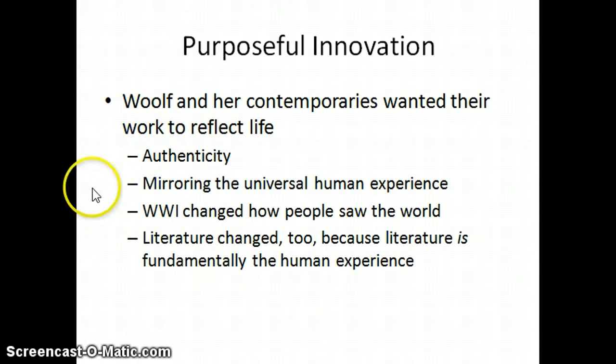They wanted to mirror the universal human experience. Previously, characters and books had been written for the upper classes, or they had been made for tragedy. We talk about how you have to be of noble blood, because you have a long way to fall. Whereas what Woolf and her group were trying to do is to make literature accessible, to make it relatable to everyone.